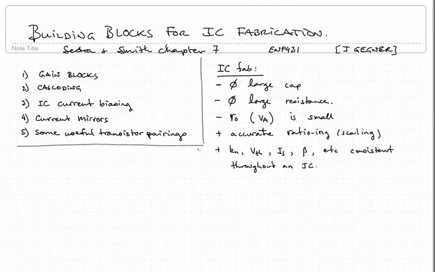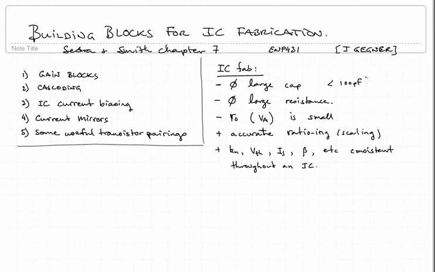A couple of limitations: one is that we cannot have any large capacitors in our circuit. It takes up too much room, and capacitors are hard to fabricate on silicon. Things on the order of picofarads, tens of picofarads, maybe even 100 picofarads are doable, but I'll just say less than 100 picofarads, certainly less than a nanofarad.